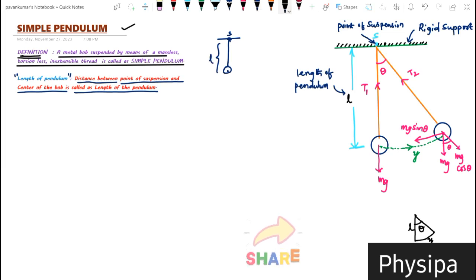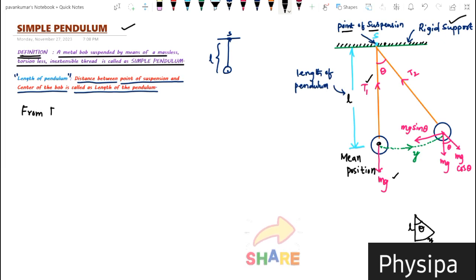Now coming to the detailed explanation of the figure, we have taken a rigid support here and S is the point of suspension. When the pendulum is at the mean position, that is at the center, at rest, there exist two forces acting on the pendulum: the tension T1 and the gravitational force mg.